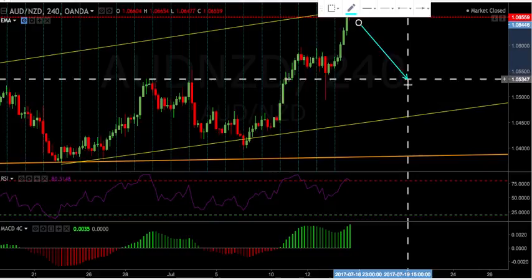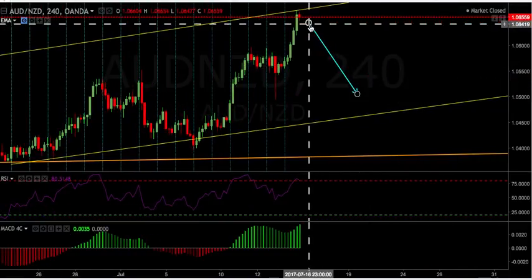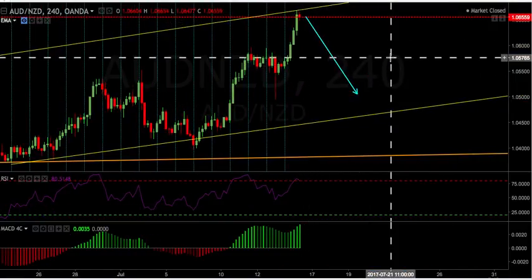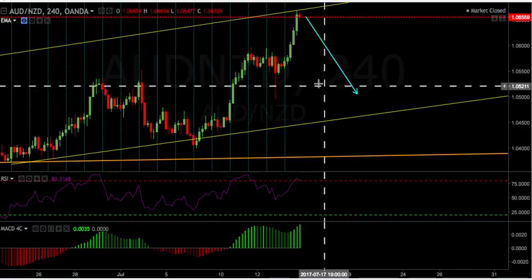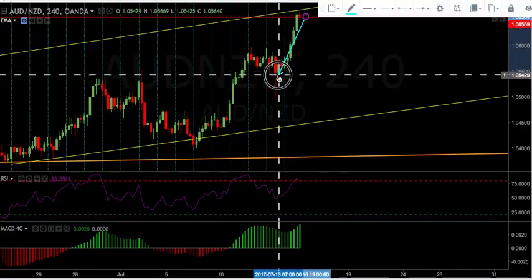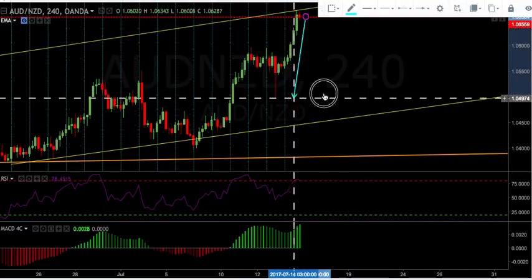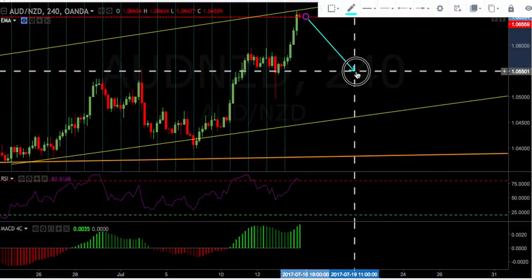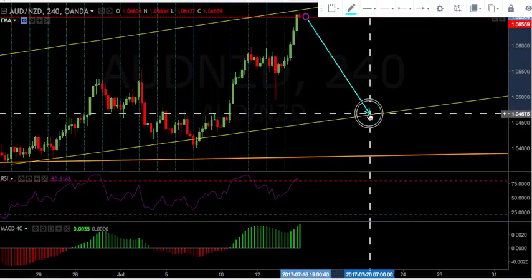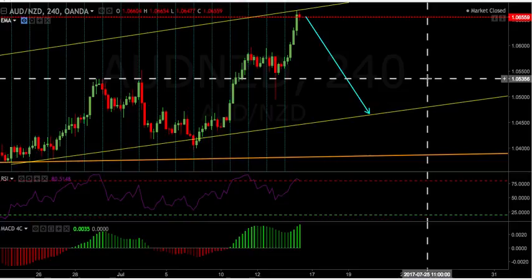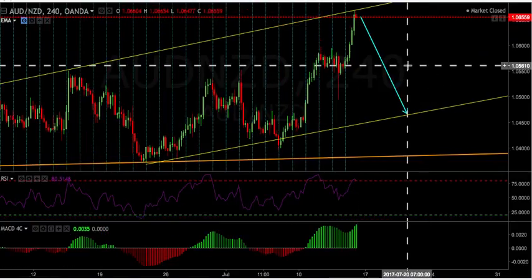So this week, look for your short entry. Look for price to move down from this area. Okay, your first target should be that low. You can use this low if you like, but I would use this low. And then your next target would be the lower trend line here. So great setup right now for a short trade on Aussie New Zealand.